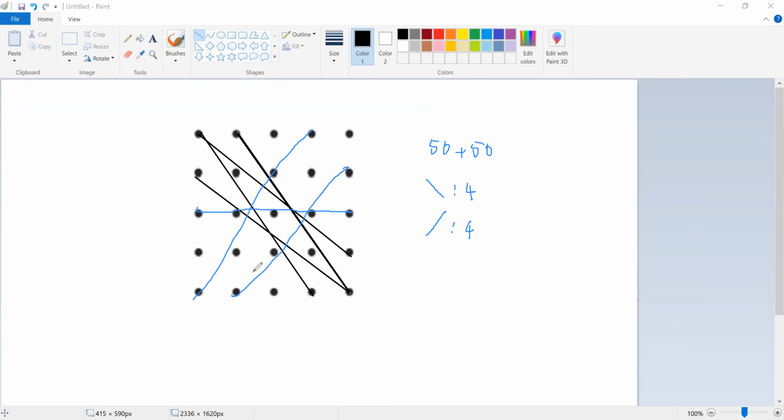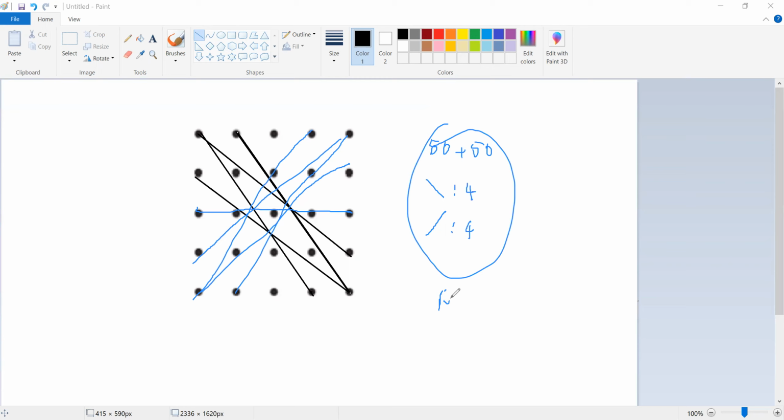That will be our 4 ways going up. So if we add all of them together, we will get 108, which is the answer.